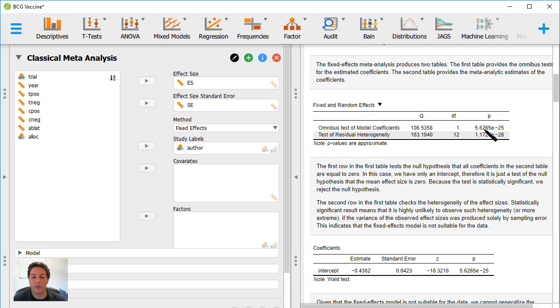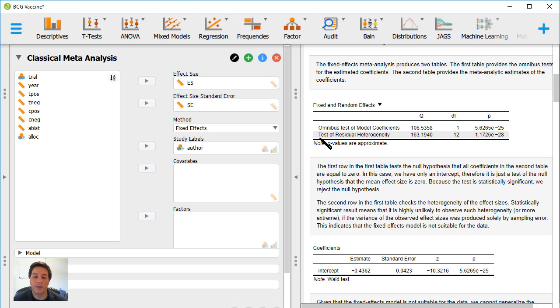And if the p-value is very small, then we reject that hypothesis. Here the p-value is a very, very low value. Remember, e negative 25 means that we need to move the period 25 places to the left. So it's a very, very low number. So then we reject that. We say that in the population, the effect size is not 0.